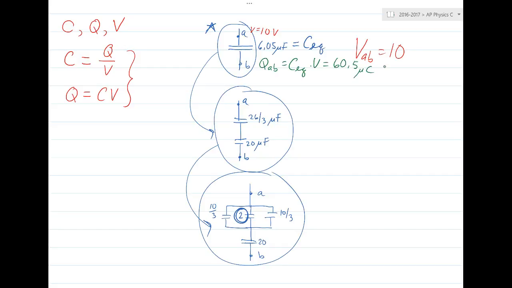Okay, now we know that in series, charge is the same. So that means that this capacitor right here has 60.5 microcoulombs for 26/3, and this guy also has 60.5 microcoulombs. So the charge is the same, but the voltage is going to split up.